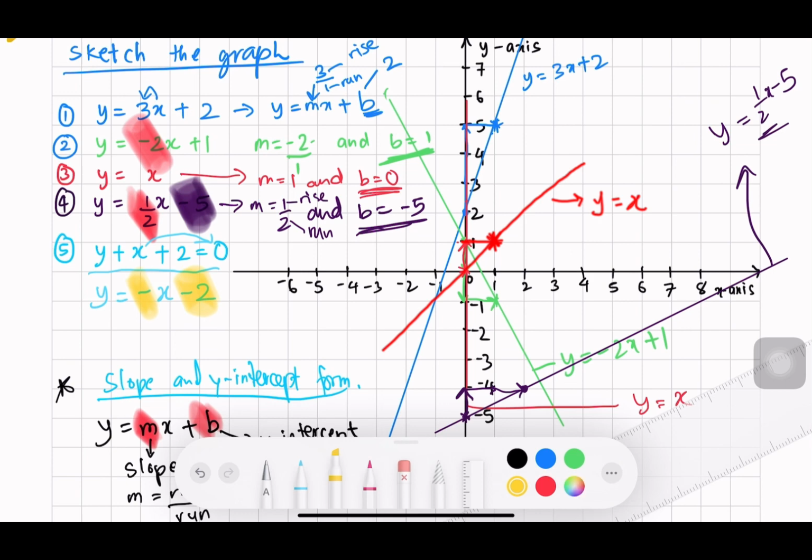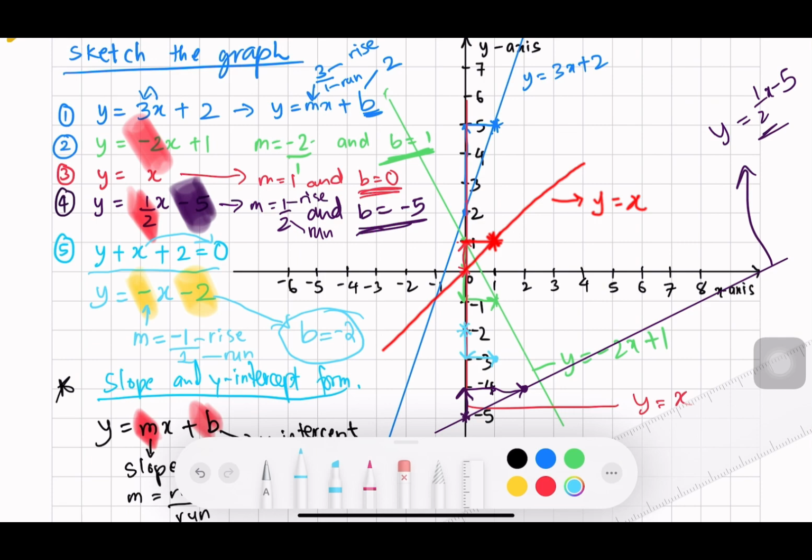So I have here with me, this is my m, which is negative 1. If there's no number, it is 1. Okay? So denominator 1, because I want to clearly see my rise and run. And this is my b, which is equal to negative 2. So I start with b, negative 2 here, then rise negative 1, so I move down because it's negative 1 unit, then positive 1, and I stop here.